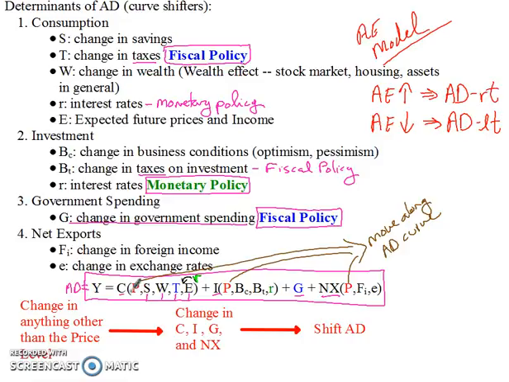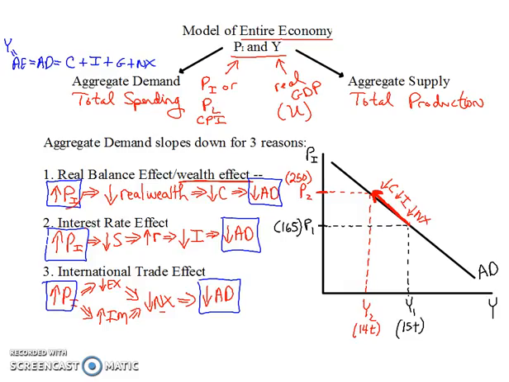And then all the things here, the prices written in red, they are moving us along the aggregate demand curve. So we had the things that moved us along the aggregate demand curve. They were really prices through the wealth effect, interest rate effect, and international trade effect.